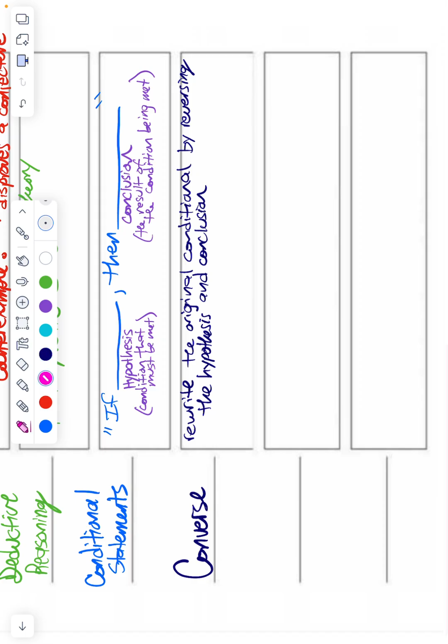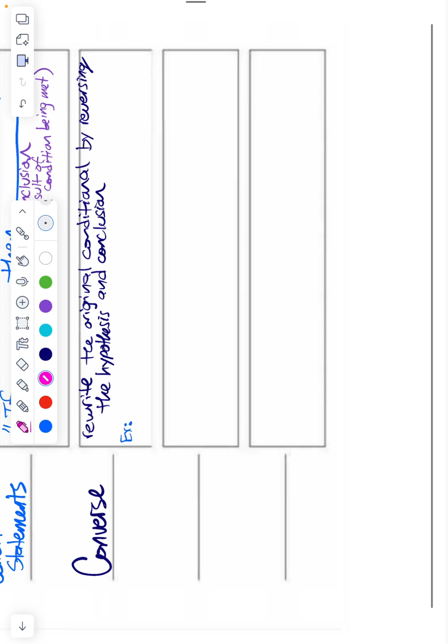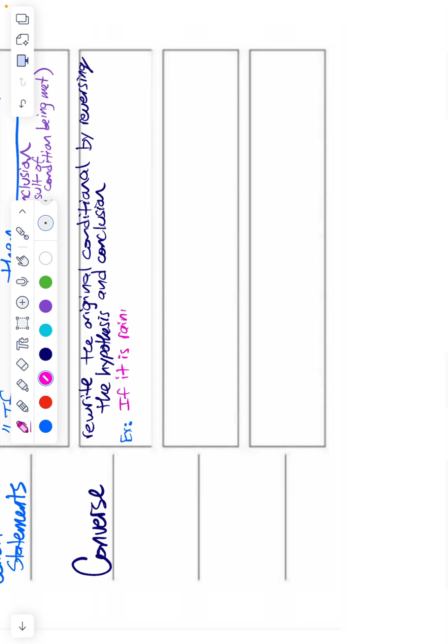Let's actually just do an example, okay? So originally our hypothesis will be, how about this, if it is raining, then it is cloudy. Actually, let me change color on that second piece.